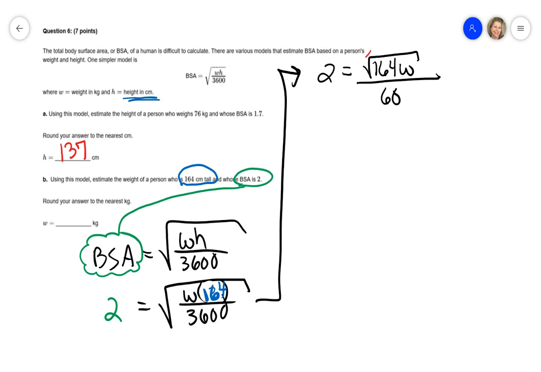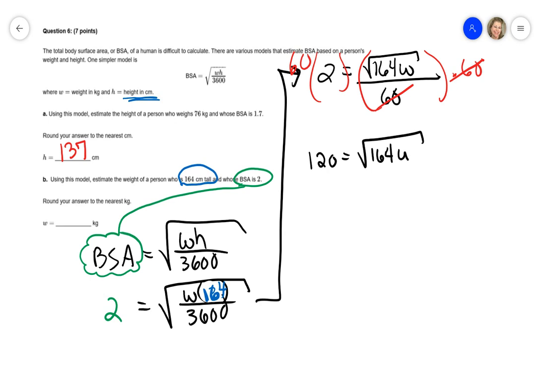And then I'm going to multiply both sides by 60 so that the 60 on the right side cancels out, and that gives me 120 equals the square root of 164W. And now I'm going to square both sides so that the square and the square root cancel each other out. So that'll leave me with 164W.